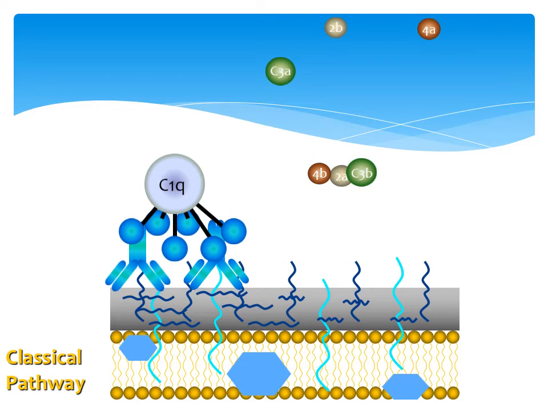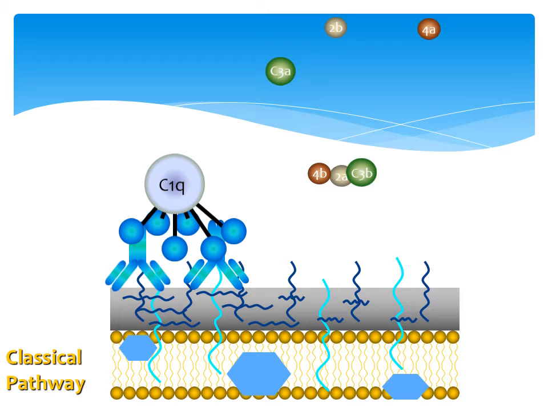It is cleaved into three fragments, S, Q and R, and C1 then cleaves the complement factor C2 to form the two smaller proteins C2a and C2b. C2a and C2b cleave the complement factor C4 to form C4a and C4b.